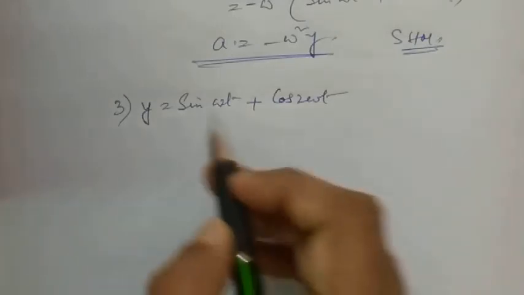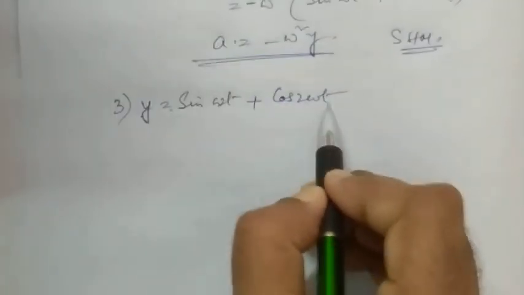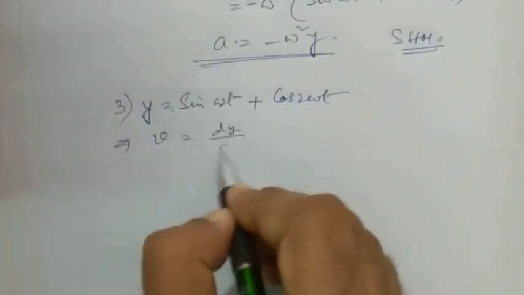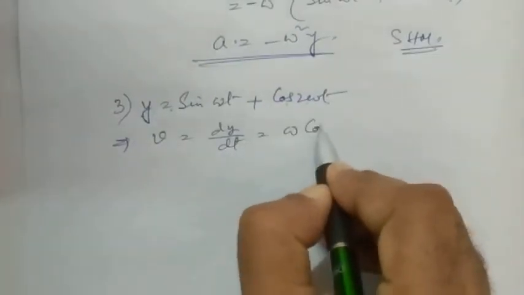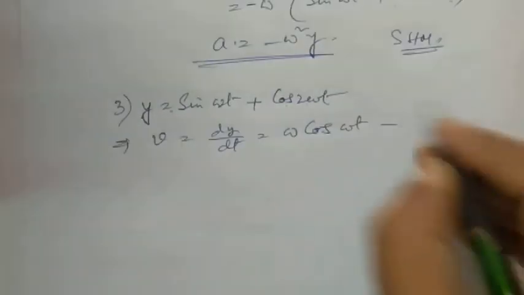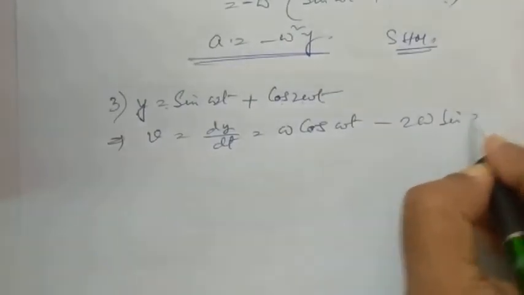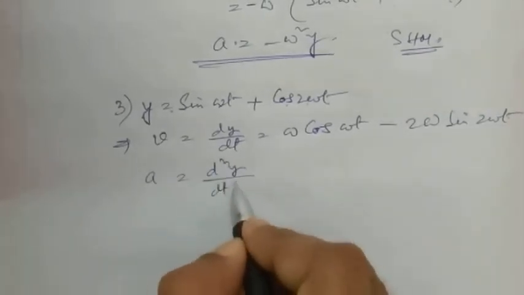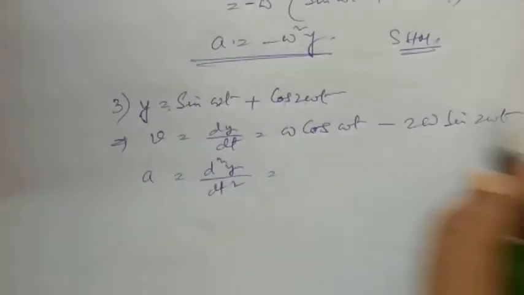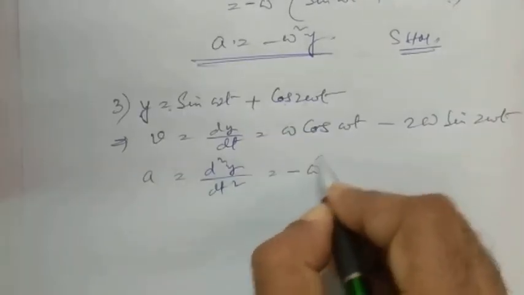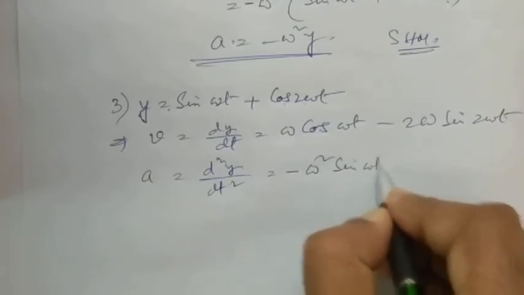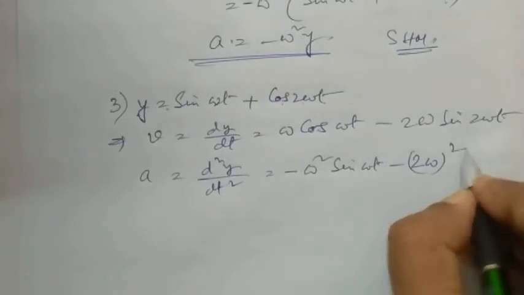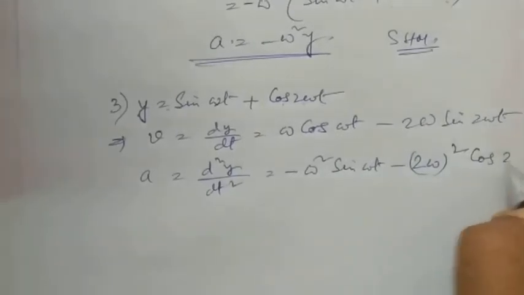Now the last of these equations is y is equal to sine omega t plus cos 2 omega t. So similarly we can do v is equal to dy by dt, that means omega cos omega t minus 2 omega sine 2 omega t. Now a is equal to d square y by dt square. That means minus omega square sine omega t minus 2 omega whole square cos 2 omega t.